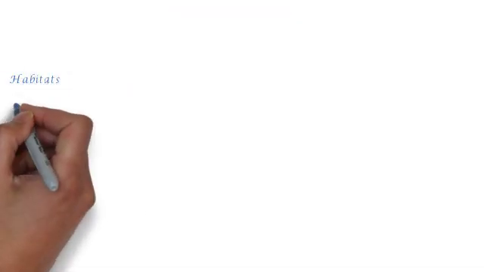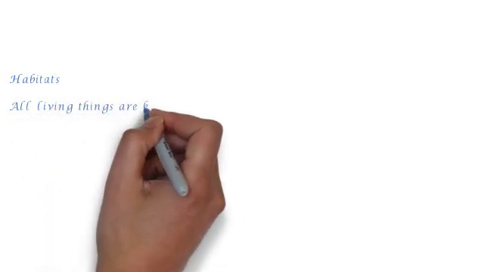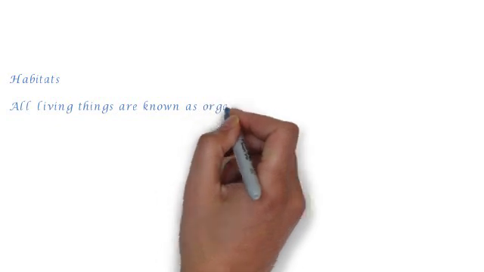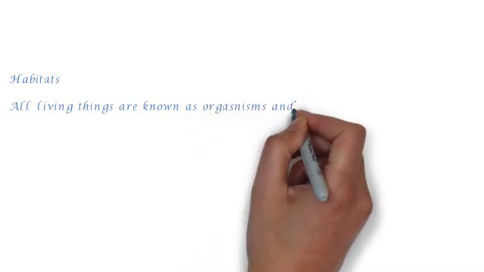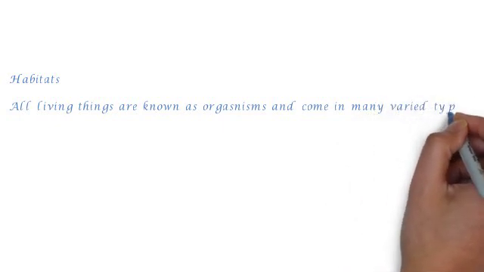If I was answering this, I would make the subheading habitats. This is what I would put. All living things are known as organisms, and they come in many and varied types.